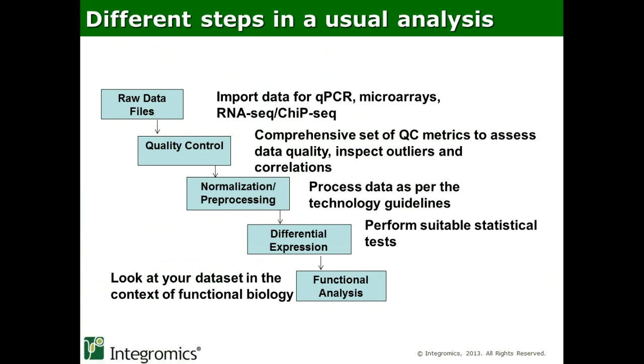And finally, we would look at the data set in the context of the biology, usually through functional analysis, looking at genes that are enriched in certain pathways, looking at expression patterns that may be different in different tissues.